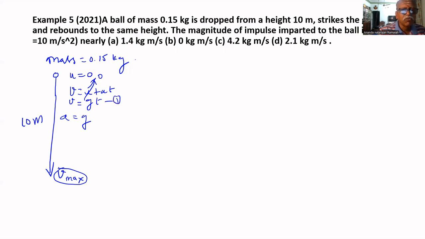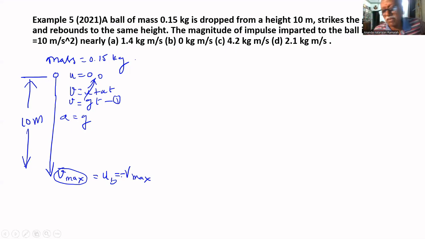If it bounces back to the same height, 10 meter, then the initial velocity of the bounce must be equal to V max, but in the opposite direction, minus V max. Then only it will reach 10 meter, because while coming down, the initial velocity is 0 and the final velocity is V max.